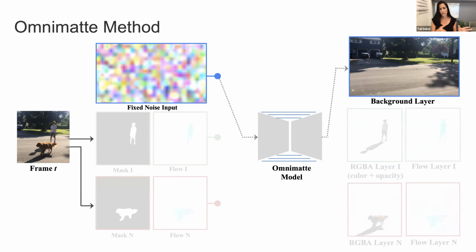The input is just a fixed noise image. We predict one panoramic background layer for the entire video, and then the background for each frame is sampled from this panoramic image using the pre-computed homographies. So we can handle camera motion that can be represented well with homographies.